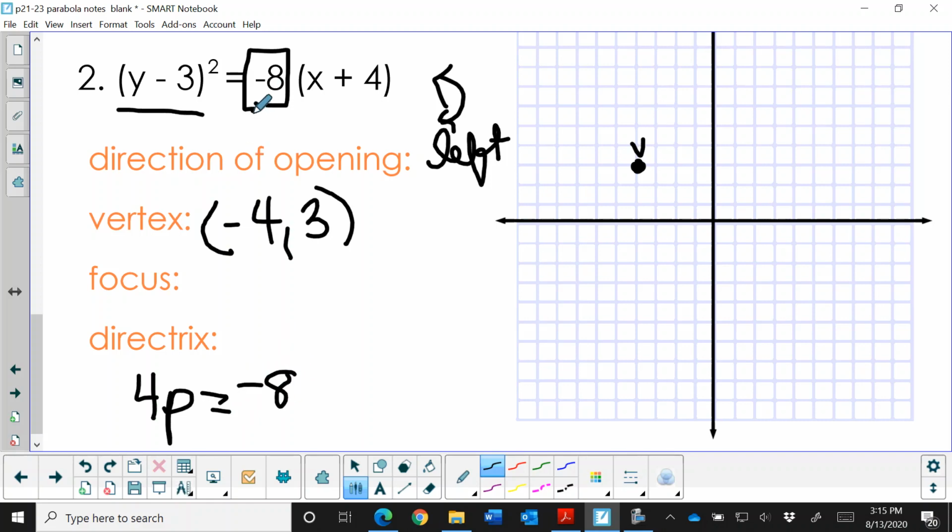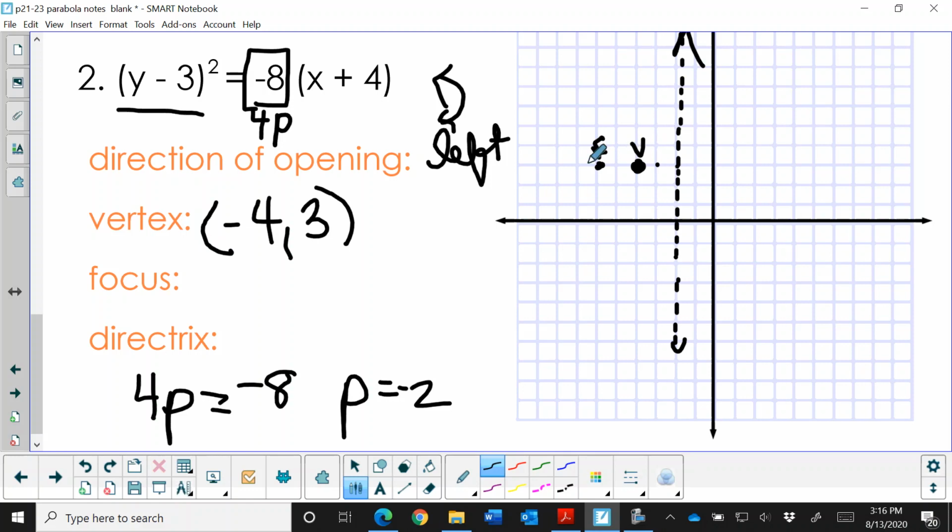Because remember, our equation said 4p was equal to this number, so p is negative 2. Negative just means I'm going to the left. So I'm going to go to the left 2, and there's my focus. I'm going to go to the right 2, and there's my directrix. Now, the directrix this time is up and down because I have a left-right facing parabola.